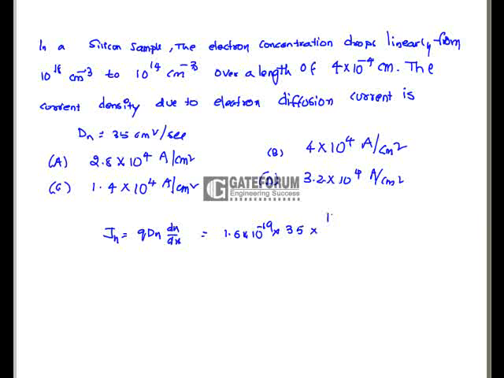So 10 power 14 minus 10 power 18, divided by 4 into 10 power minus 4, which is equal to 1.4 into 10 power 4 amps per centimeter square. That is, option C is correct.